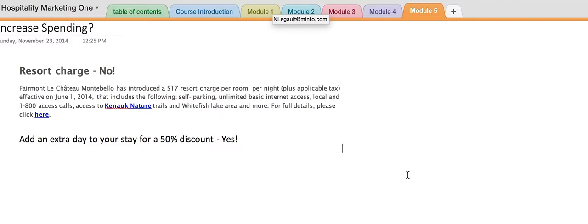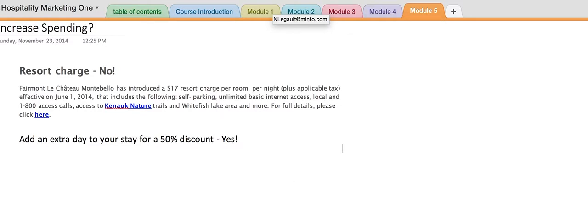An example of a way to increase spending would be to add an extra day to your stay for 50% discount. Well, that doesn't cost you anything either. It costs you the cost of cleaning your room, but the extra things that you spend is certainly a way to improve the situation that they're in.